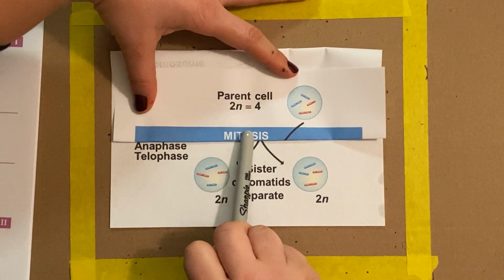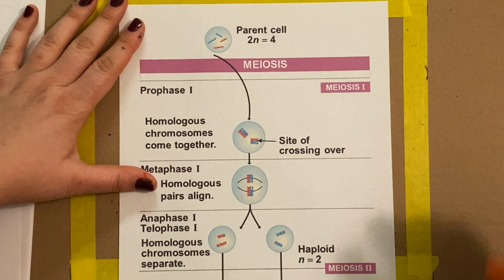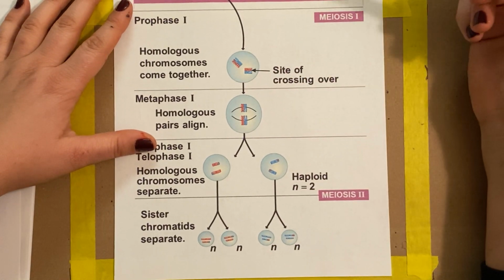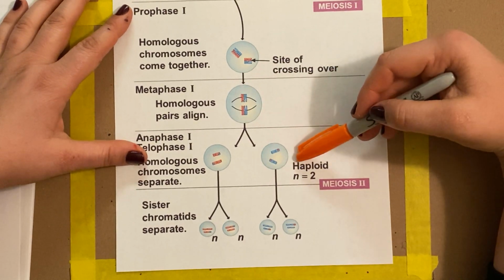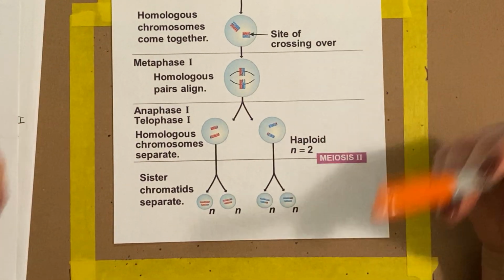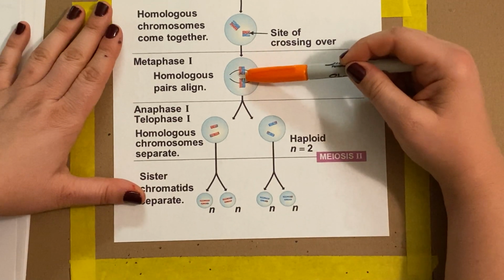Okay, so that's mitosis. In meiosis, it's a little bit more complicated, where you are going to have crossing over take place. You're going to have homologous chromosomes align and then separate. And then you're going to go through another actual division. So 2 divisions. So here's division 1.